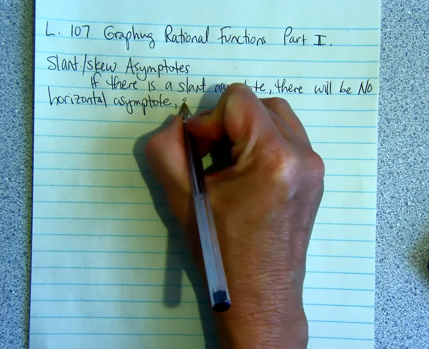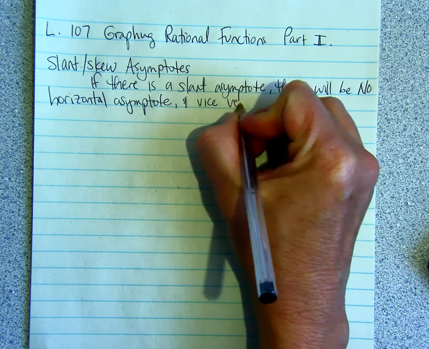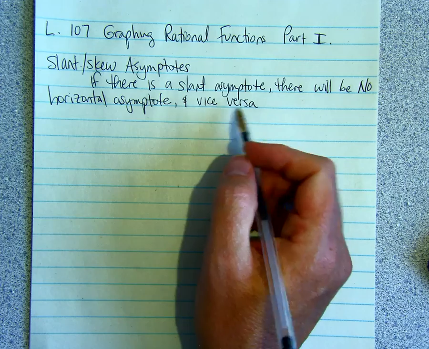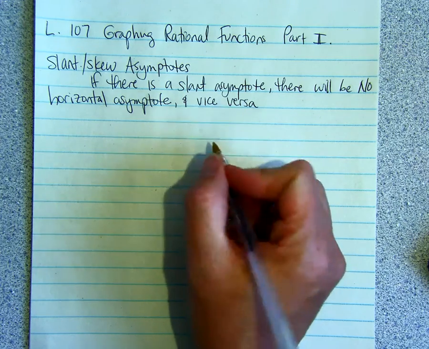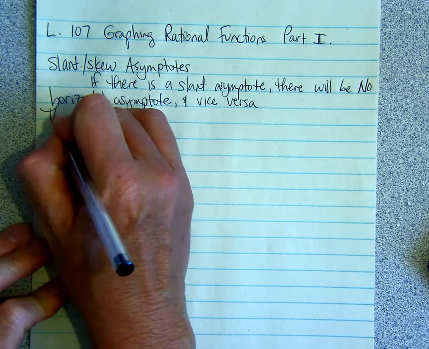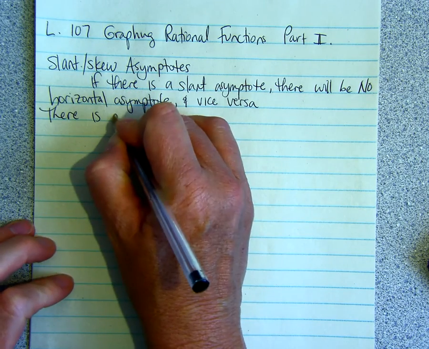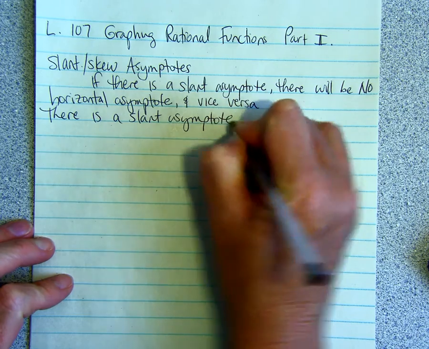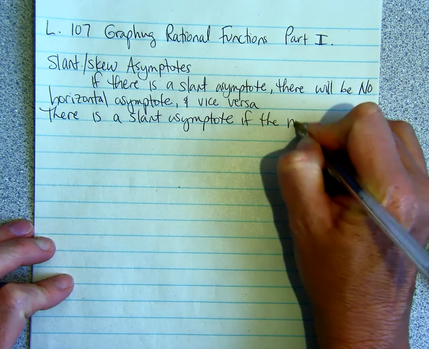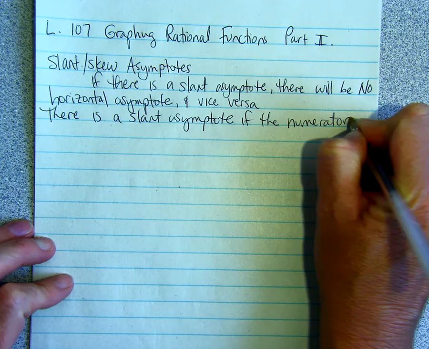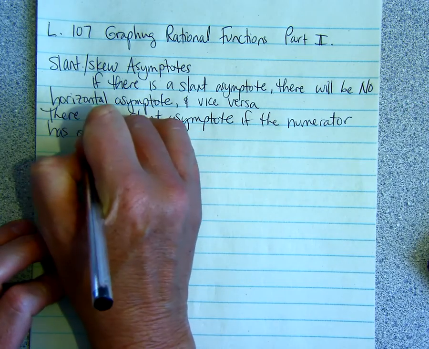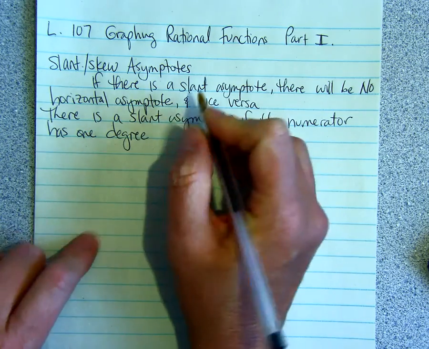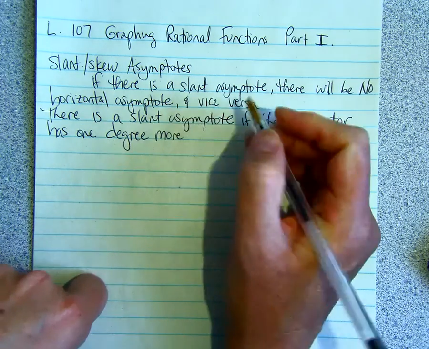And vice versa. So if there is a horizontal asymptote, there will be no slant asymptote. There is a slant asymptote if the numerator has 1 degree more than the denominator.